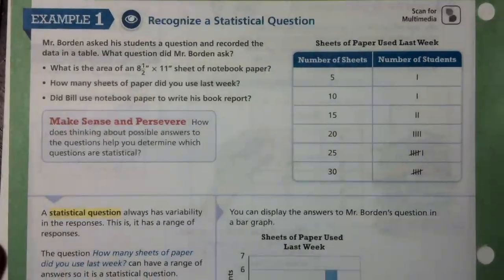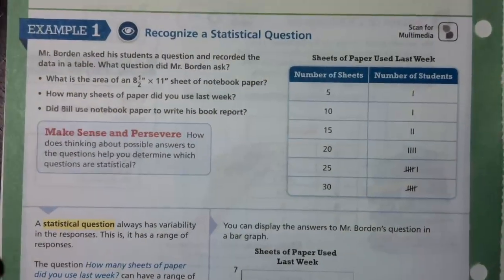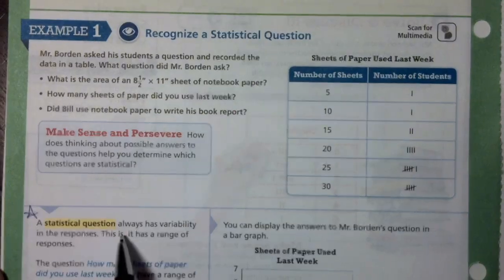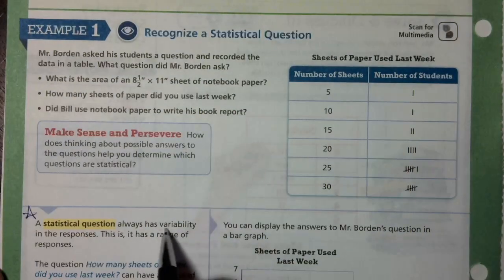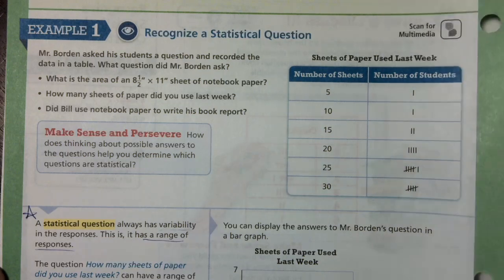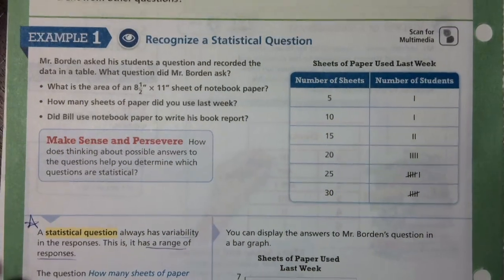And the definition is right down here below example 1. A statistical question always has variability. Variability means there's not just one right answer. It has a range of right answers. Okay? Range of responses.